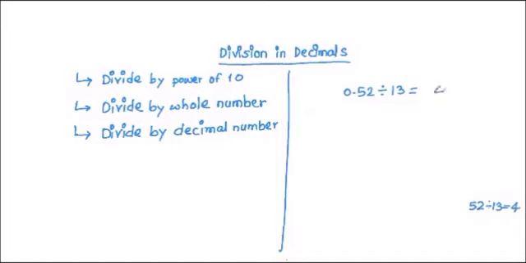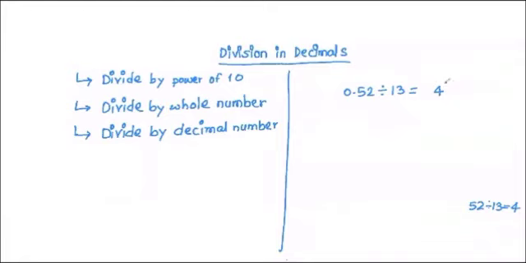So let's write the answer 4 in our main area. Now 4 is a whole number. Whole number always has a decimal point to the right of it, which is invisible. It is not seen, but we don't write it, but it is there.